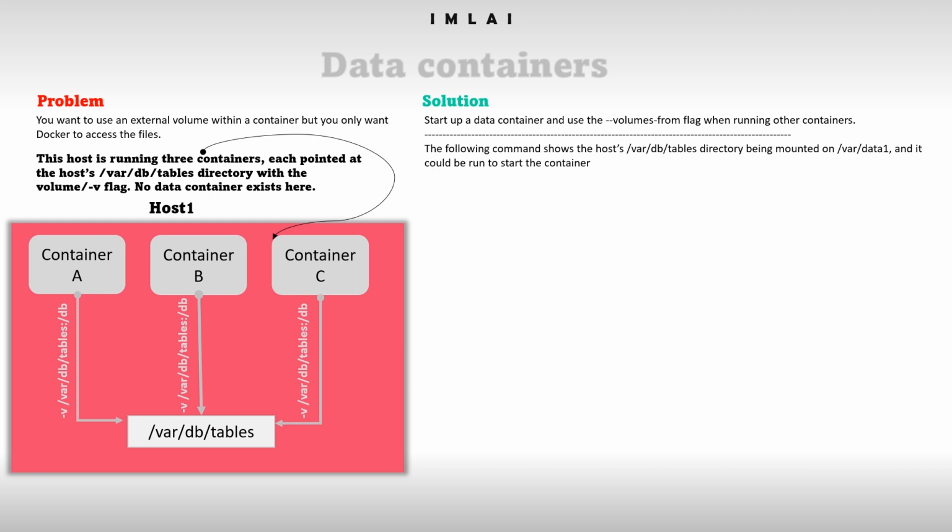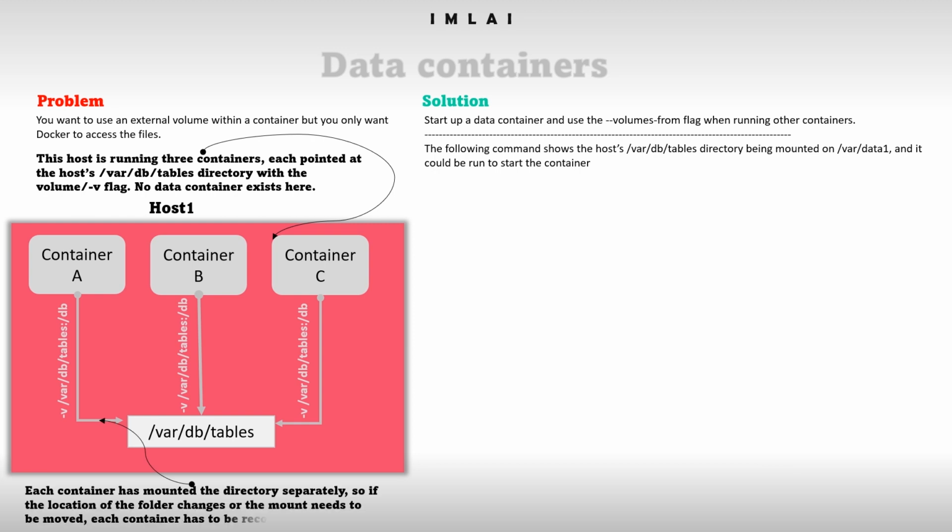So what's going to happen? Each container has mounted the directory separately. So if the location of the folder changes or the mount needs to be moved, each container has to be reconfigured. Other than that, there won't be any issue, because all the data of container A, B and C will be saved in this directory.